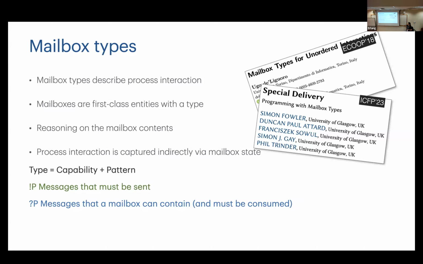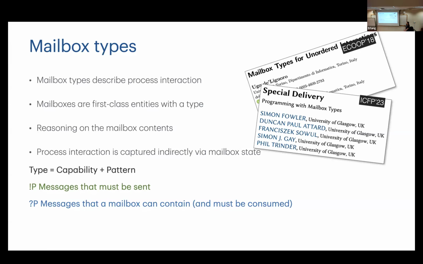Later on, in 2023, Fowler et al. introduced Pat, which is a core programming language with first-class mailbox types. And the type checker from Pat is what we use in Mailboxer as the backend.